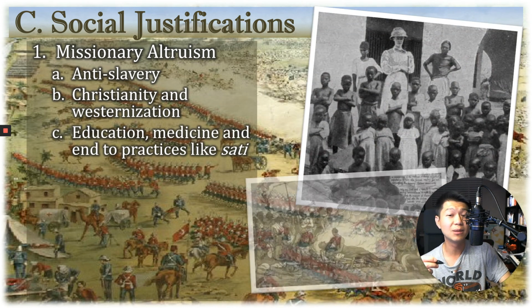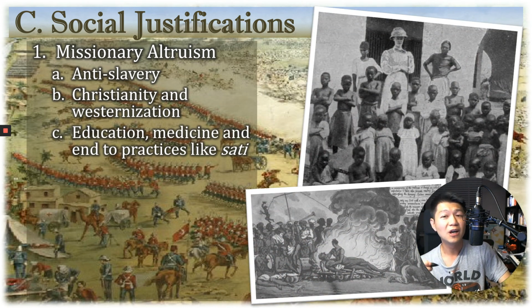While there is some loss of religion and control, Westerners will bring Western-style education systems, Western medicine, and an end to what many will deem inhumane policies, like the policy of sati, which is widow burning, where a wife will have to join her dead husband in a funeral pyre and basically burn herself to death. Okay? So there is some altruism, some purported good that is brought about by Westerners as they entered into the other parts of the globe.